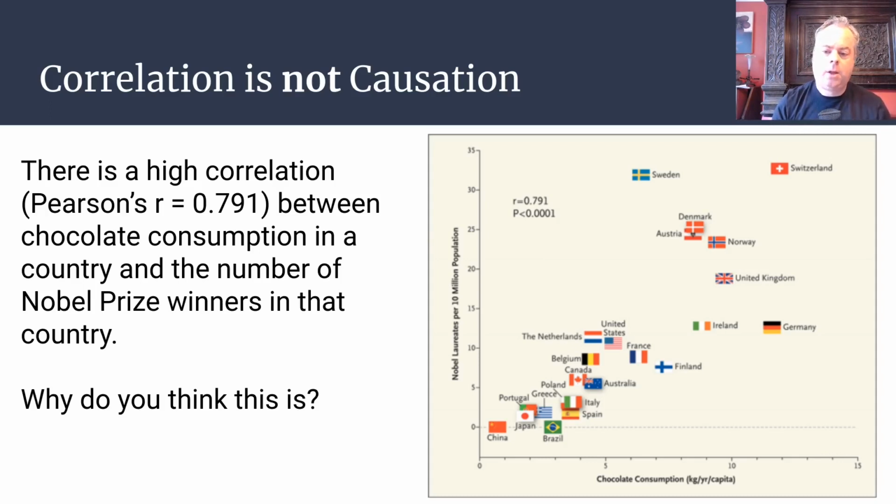Okay, so if you think about it, chocolate is a luxury product. It's not a staple thing you need in your diet. So chances are the richer a country is, the more its citizens are able to afford luxury goods, nice chocolates, things like that. So the richer the country is, the more chocolate people will be able to afford.